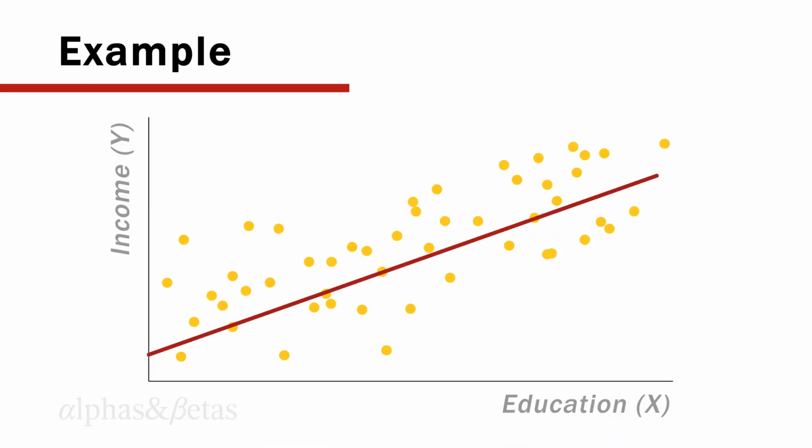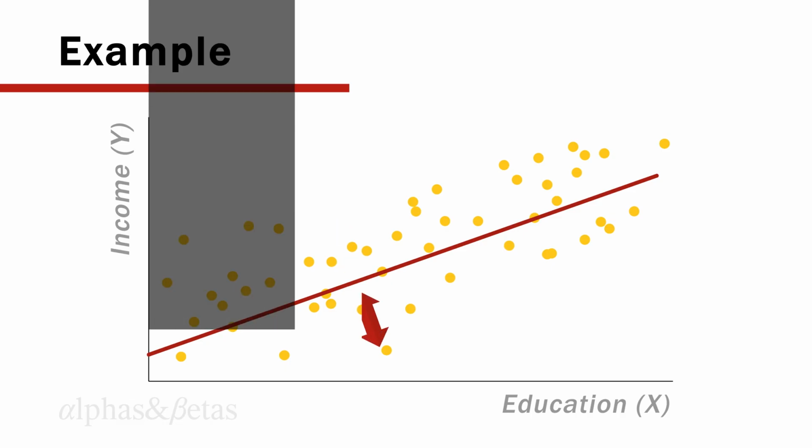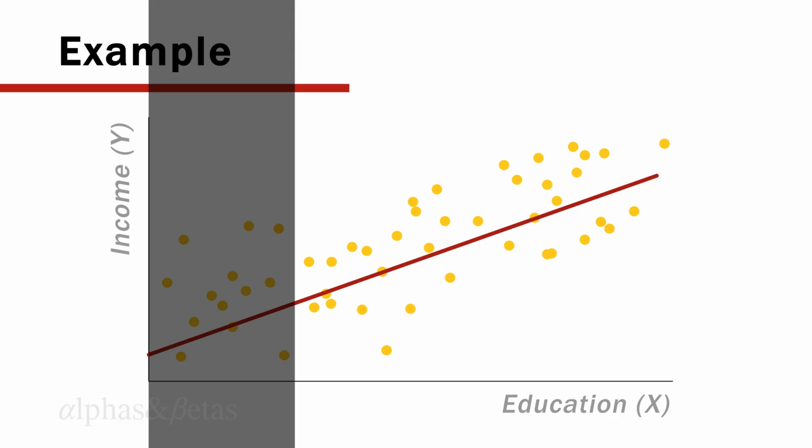Let's look at this graph to distinguish between endogenous and exogenous sampling. We plot years of education along the x-axis and income along the y-axis. The errors are normally distributed, so the data is randomly scattered around the regression line. If we exclude observations where x is less than 5, this constitutes exogenous sampling because it's based on x.